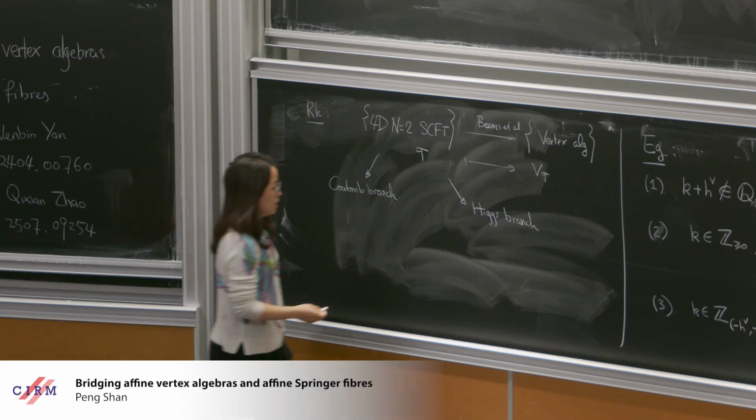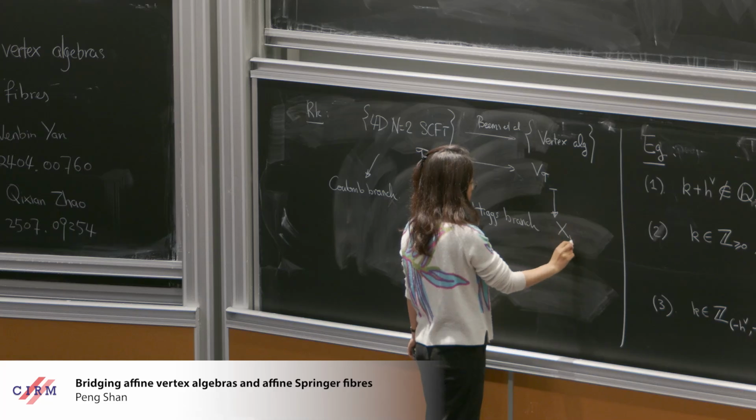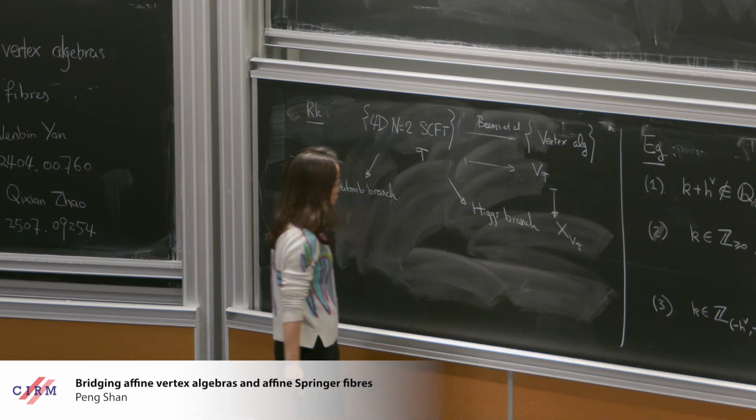And the Higgs branch is supposed to be given by the associated variety of this vertex algebra.